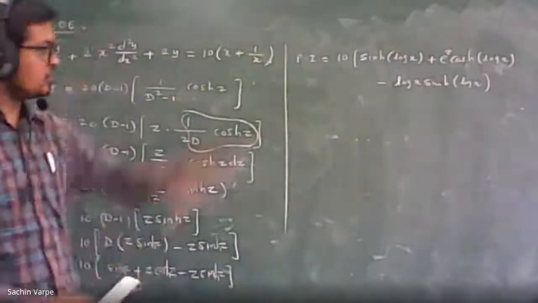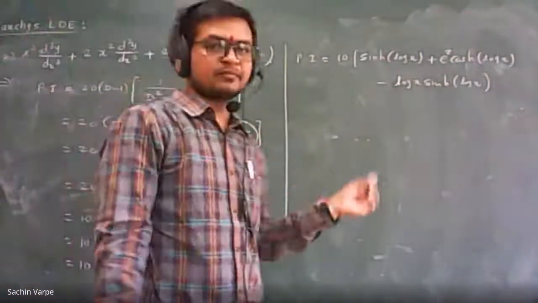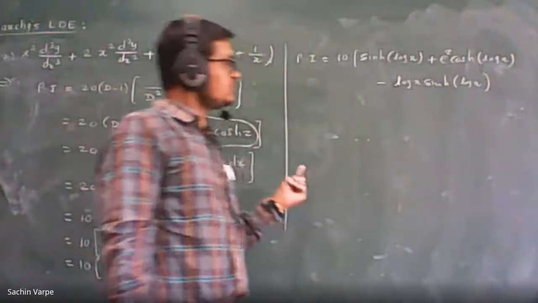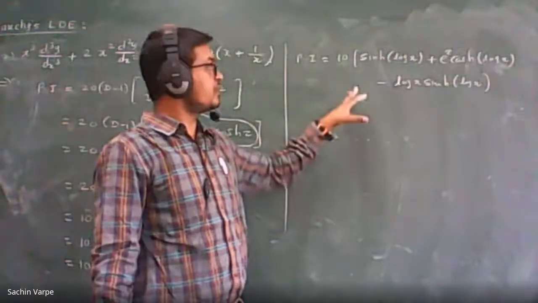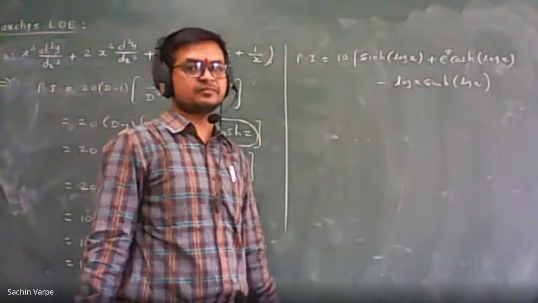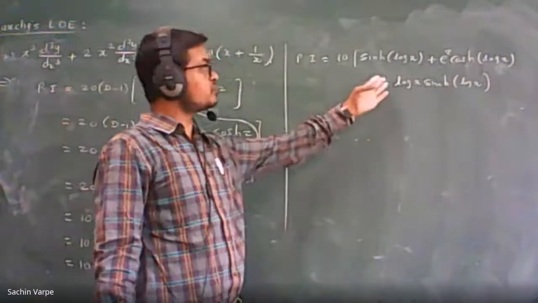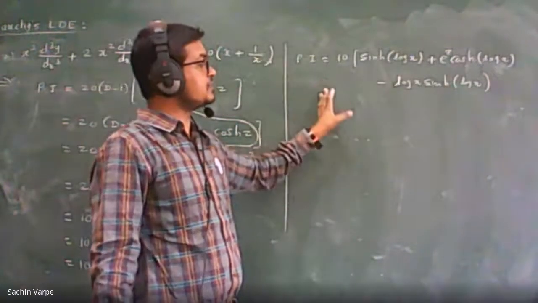So that is actually again a correct step, but sometimes what happens is that the examiner will have the solution key, in which the particular integral or the complete solution will be in terms of x only. He will not have it in terms of log x.